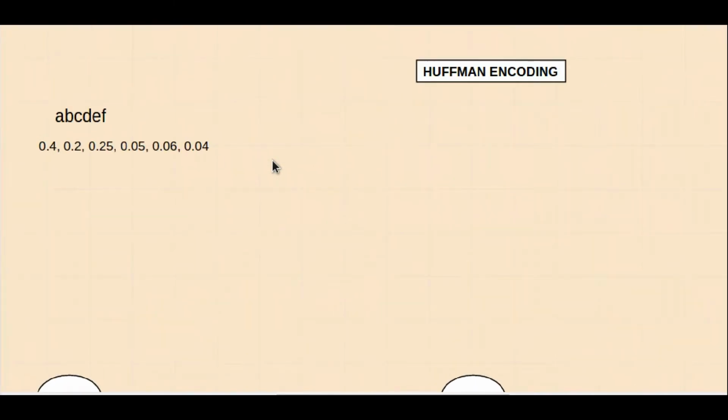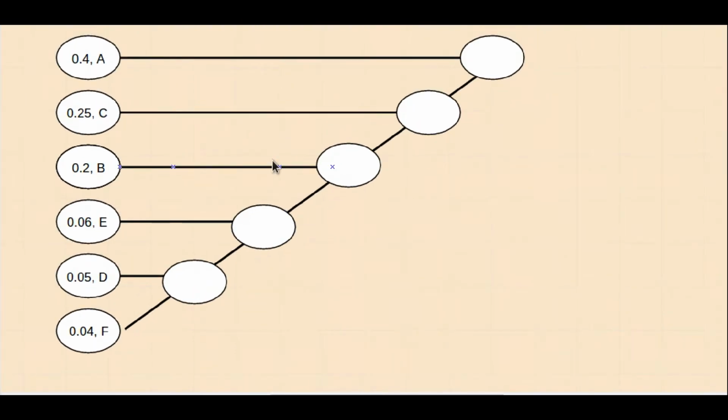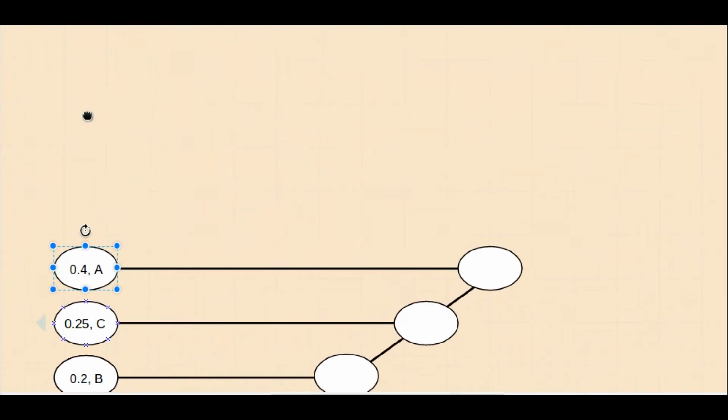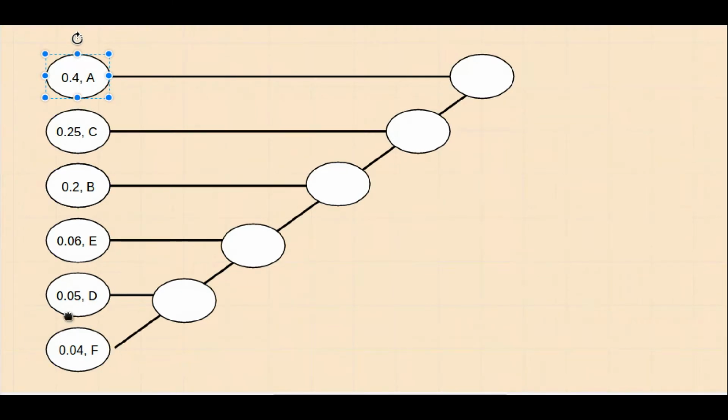So there are 2 steps to Huffman Encoding, and the first step is creating the Huffman tree. So let's scroll down here, and as you can see, I created a leaf node for every character. So there's 6 characters and there's 6 leaf nodes. And I sorted their frequencies from highest to lowest. So 0.4 is the highest and 0.04 is the lowest.